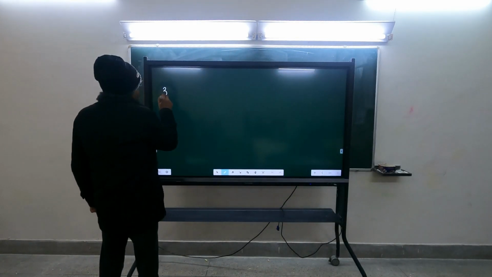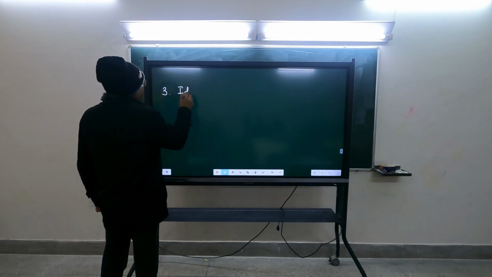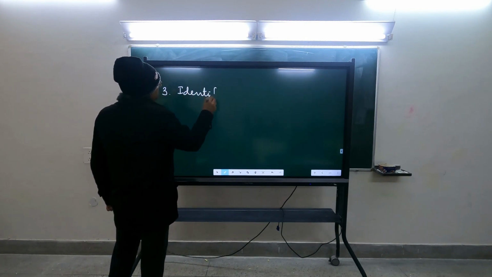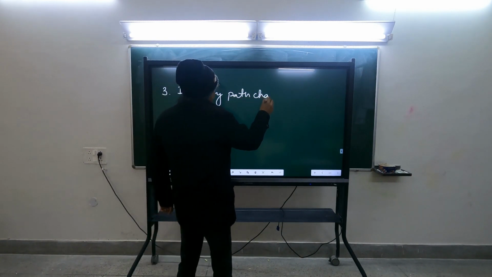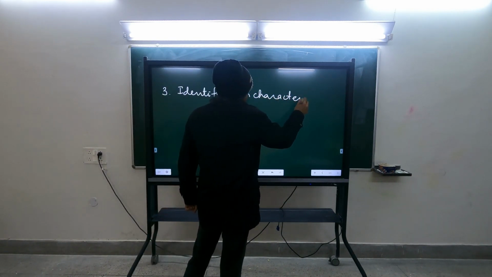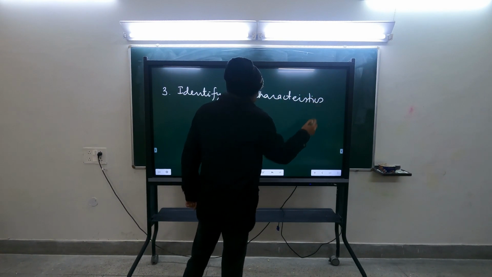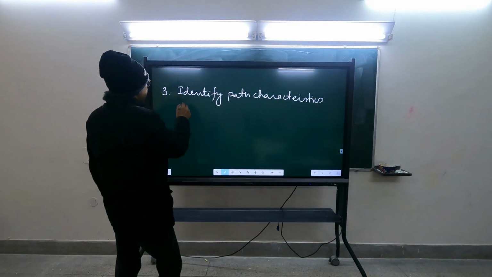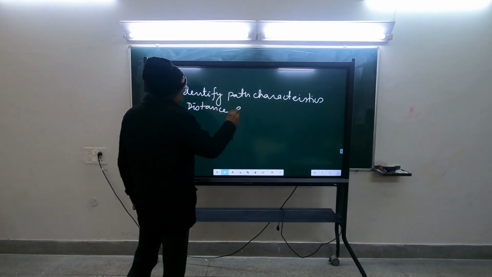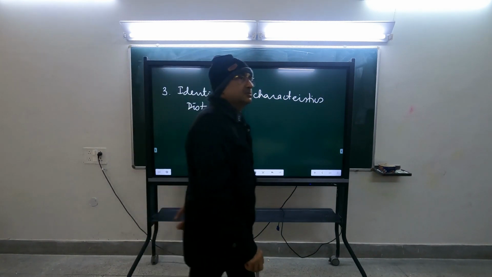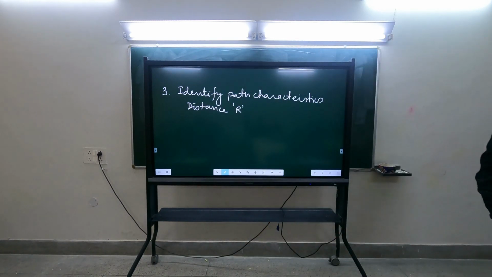Then the third step is to identify path characteristics. What are path characteristics? First of all, the distance, R. So the magnitude of the earthquake which can occur in that fault, M, and R are the two most important parameters.